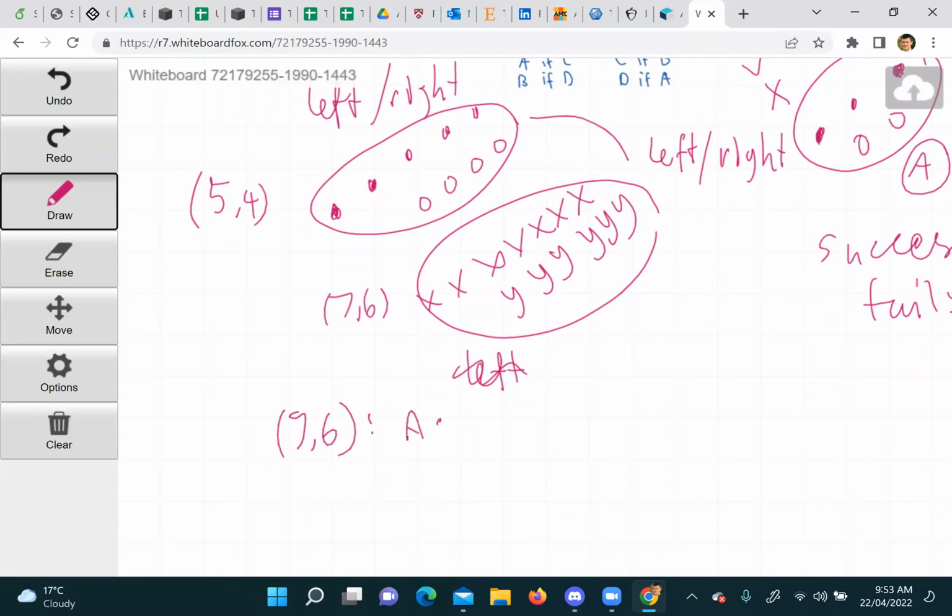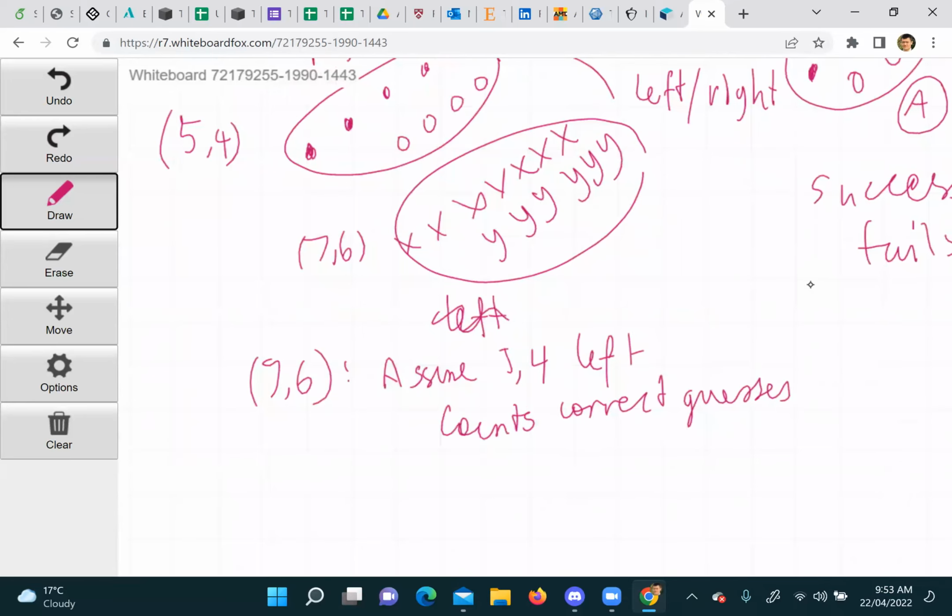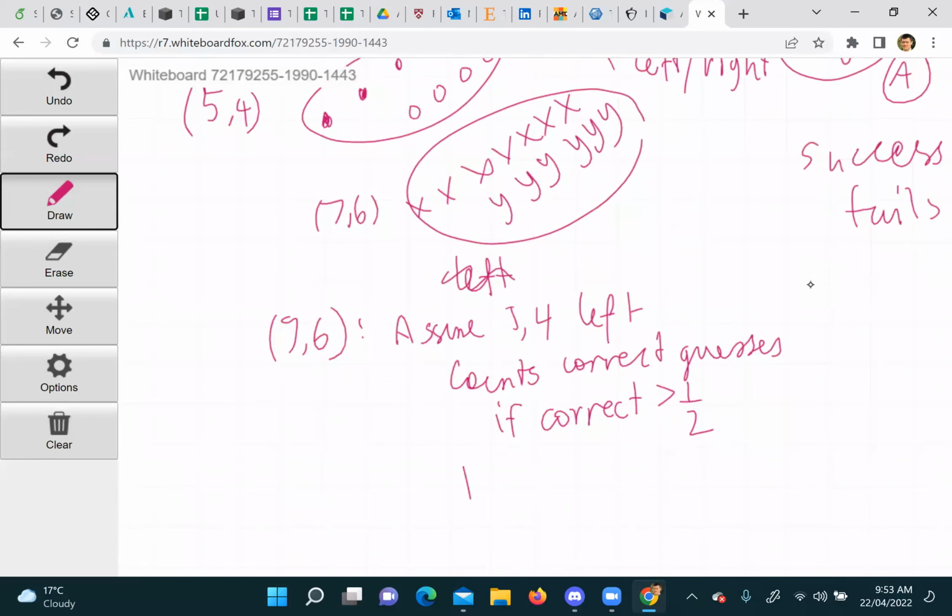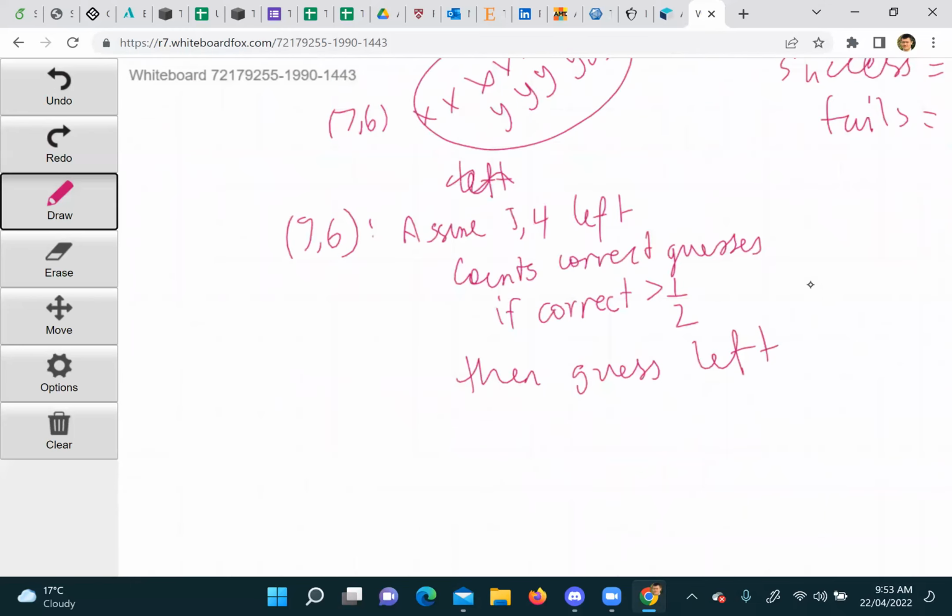Assume 5-4 is left. Count correct guesses. If correct more than half, then guess left. If less than half, guess right.